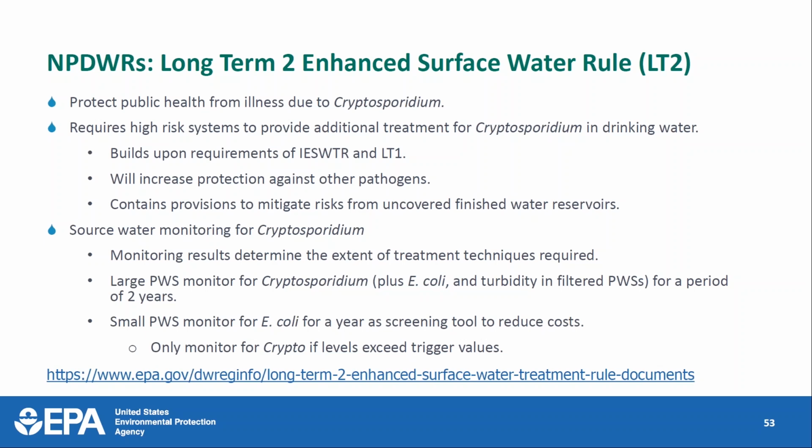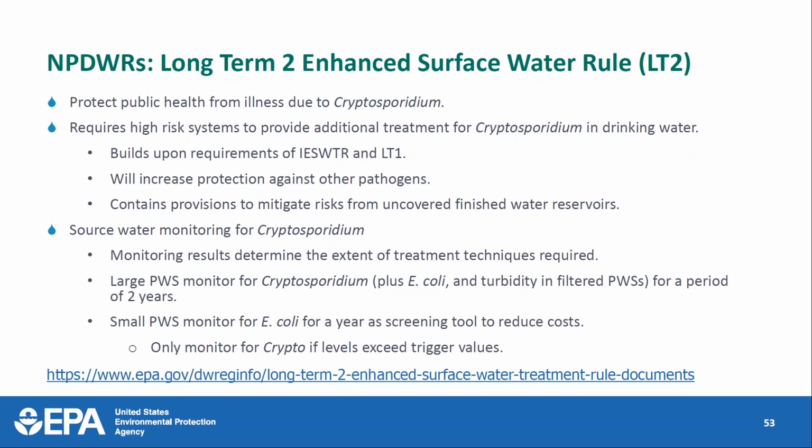And in bringing this rule in, it will also increase protection against other pathogens, because in this rule, water systems are placed into bins based on their risk for contamination from cryptosporidium, and they will provide additional treatment to mitigate the risk from crypto. And in doing that and providing that additional treatment, they're also providing protection from other organisms. This rule also does contain provisions to mitigate the risk from uncovered finished water reservoirs.